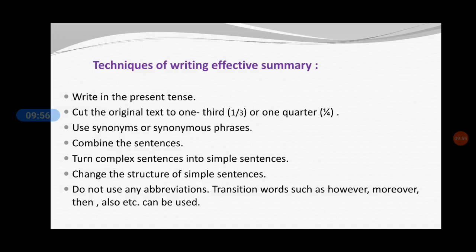And if the sentences are simple, try to write them in another simple form. Do not use abbreviations. Try to avoid abbreviations. Transition words such as however, moreover, then, also, etc. can be used. So you can use these kinds of transition words to write a perfect summary.